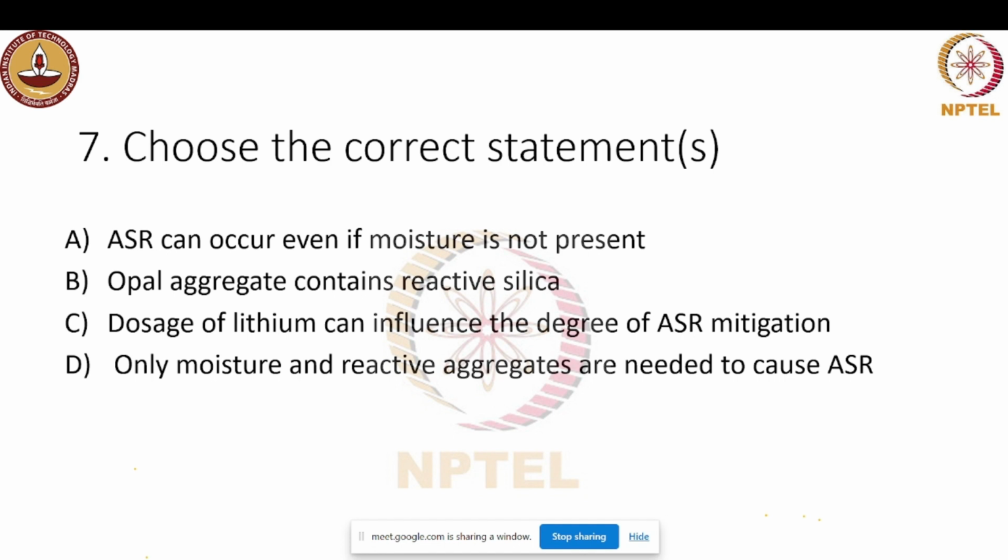Dosage of lithium can influence the degree of ASR mitigation. Only moisture and reactive aggregates are needed to cause alkali silica reaction. Anybody want to guess the right answer about alkali silica reaction? Do you know about alkali silica reaction? Has anybody never heard about this?